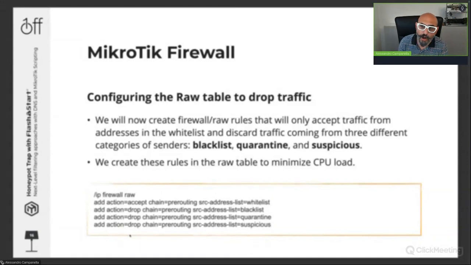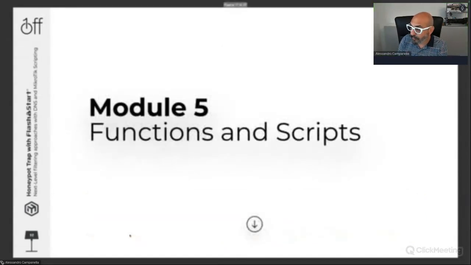So this is only a honeypot. I don't want anyone to be able to connect to this router. So I create these four rules: one for accepting the whitelist, and three for dropping all the traffic coming from blacklist, quarantine, and suspicious. Now I will tell you how I categorize these senders, of course.